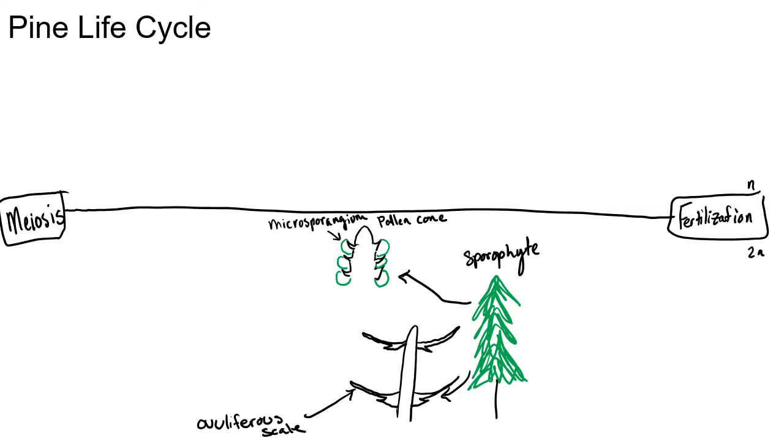That's where the ovules will be produced. And below that is a sterile bract. And this whole structure here is a megastrobilus, or seed cone.